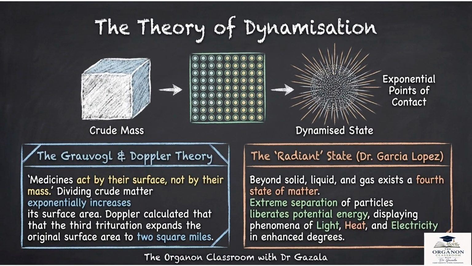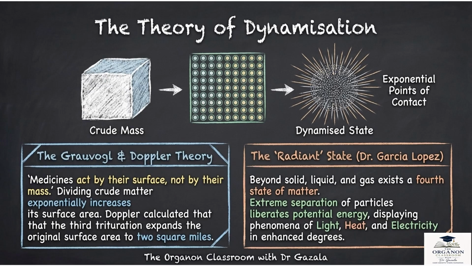Now comes a star concept which homeopathy is based on. The essence of homeopathy that you can talk about is the theory of dynamization. All right, imagine taking a crude mass of a substance and repeatedly dividing and working it through processes of trituration and succussion.